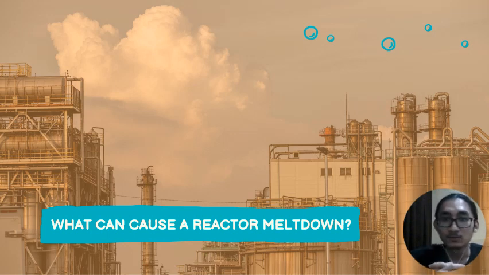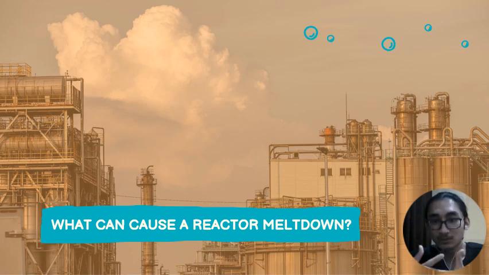Knowing how these reactors work, how does a meltdown occur? Well, as I've explained in the light water graphite moderated reactor, a meltdown could occur when the fuel rods are not cooled enough.